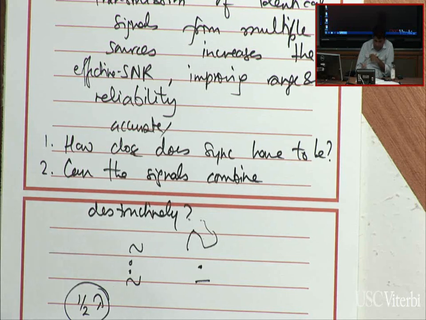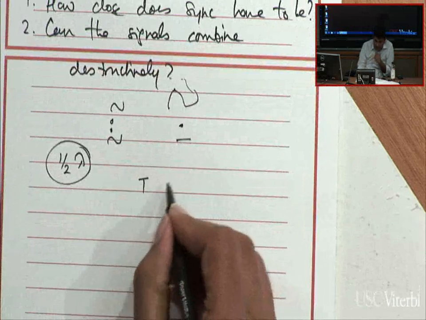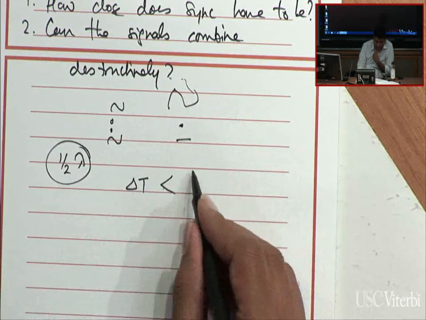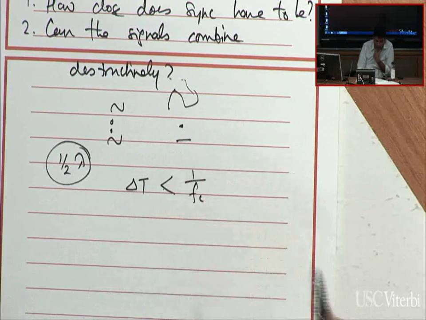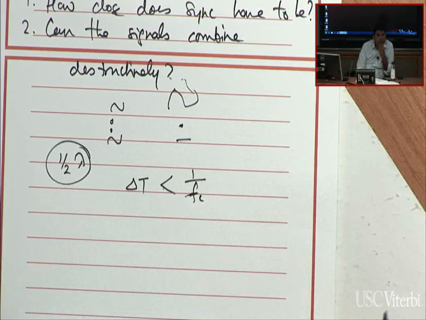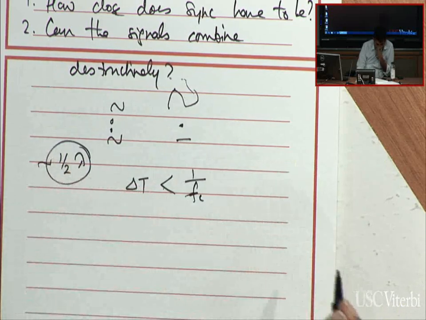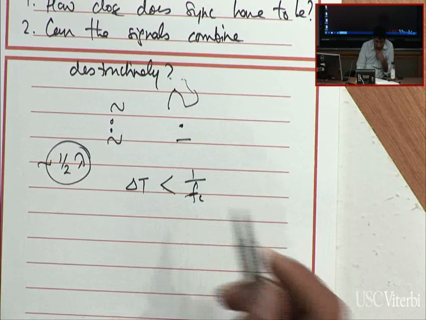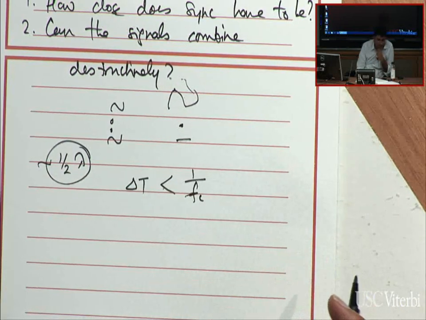Or a different way of putting it is really the time has to be within, or like the delta t has to be less than like 1 over the carrier frequency of the signal. Right? So the carrier frequencies of these signals being, let's just take a standard ISM band radio. We're talking about 2.4 gigahertz.